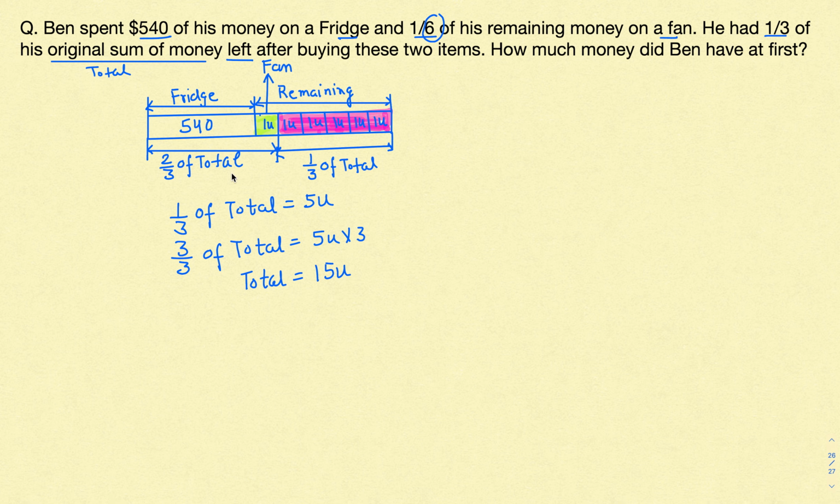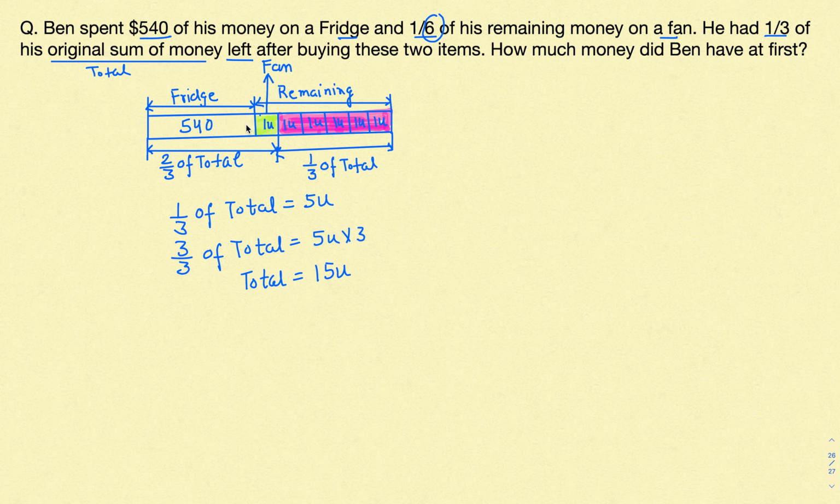So the total amount of money in terms of units is 15 units. Out of this 15 units, he's left with 5 units, and 1 unit he has spent on the fan. So this 6 units is the remaining amount of money after buying the fridge.